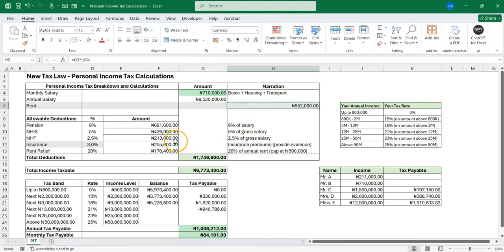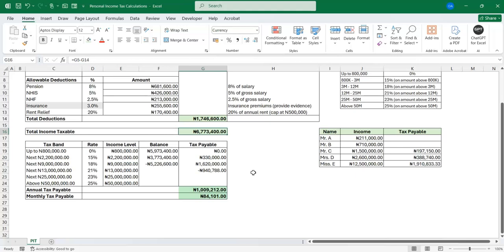This is his rent, and these are the allowable deductions, and then this is the total, and then this is the taxable income. And then from here we can delete this showing negative, and compute. So let me compute that you'll be sure this is correct.